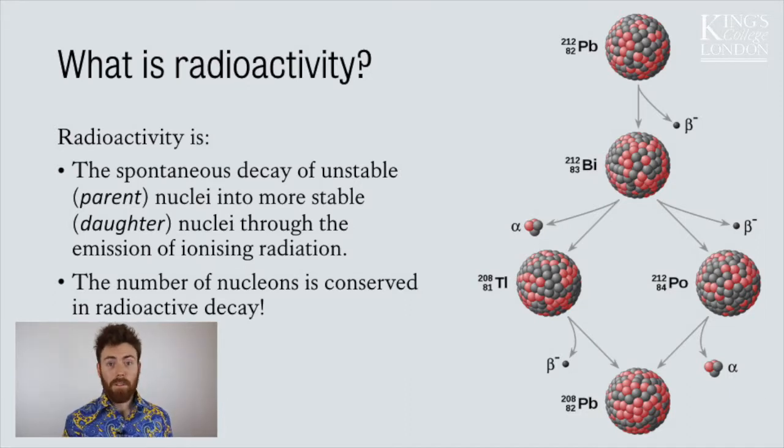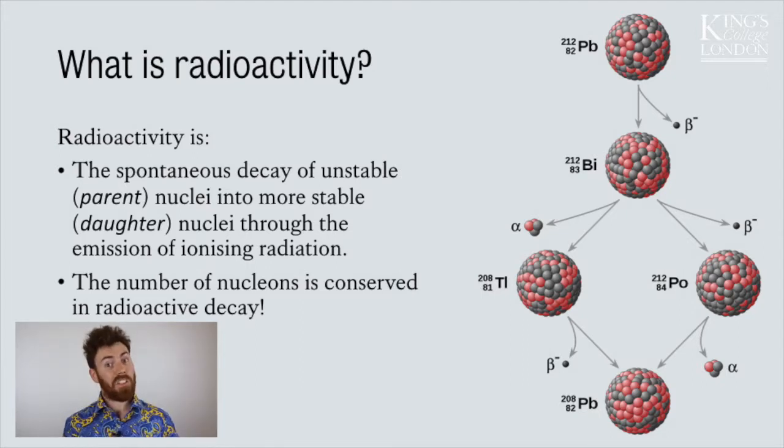Okay, so if you have a look at the slide, here is an example of a radioactive decay chain for lead-212. So you can see from the notation there that lead is represented by Pb, which I believe is Latin for plumbum, and this contains 212 nucleons in total in the atomic nucleus, 82 of which are protons.